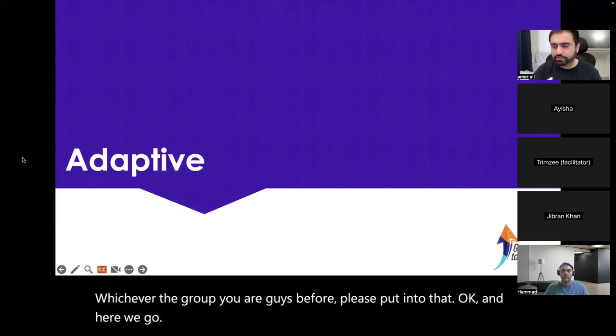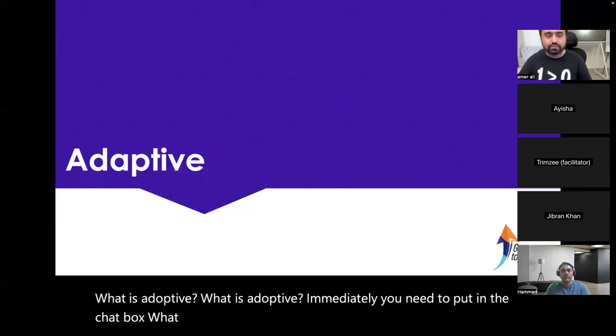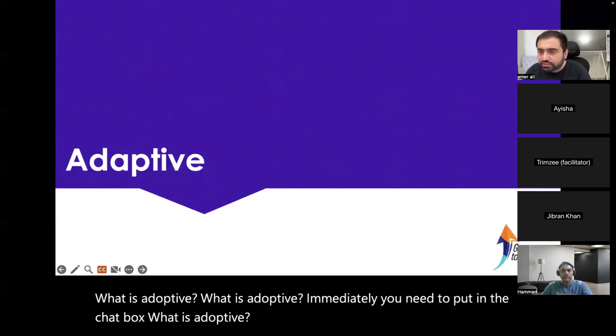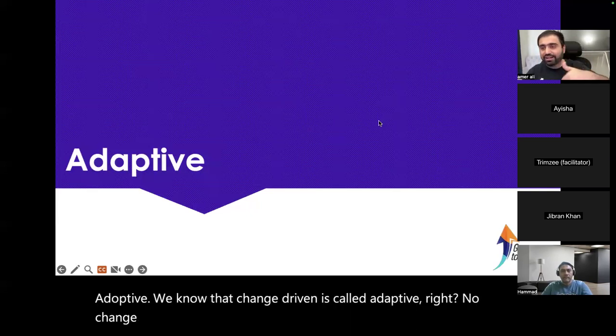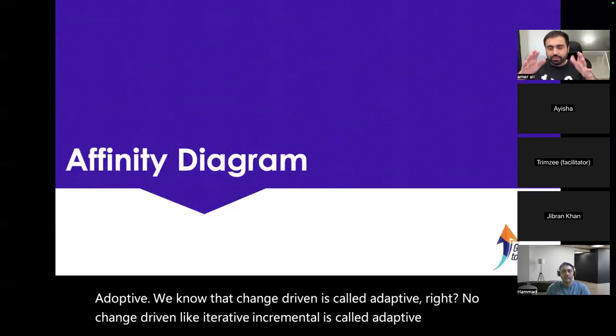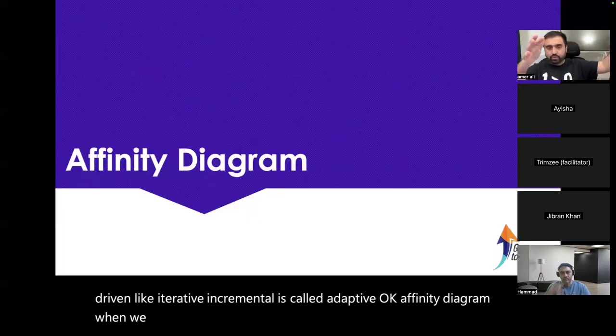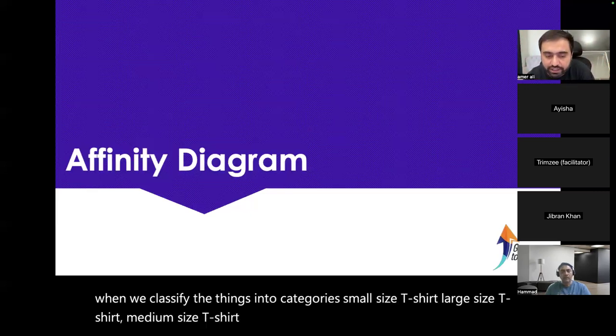What is adaptive? Immediately you need to put it in the chat box. Adaptive, we know that change driven is called adaptive, right? Change driven, like iterative incremental, is called adaptive. Affinity diagram: when we classify things into categories, small size t-shirt, medium size t-shirt, large size t-shirt, that is an affinity diagram.